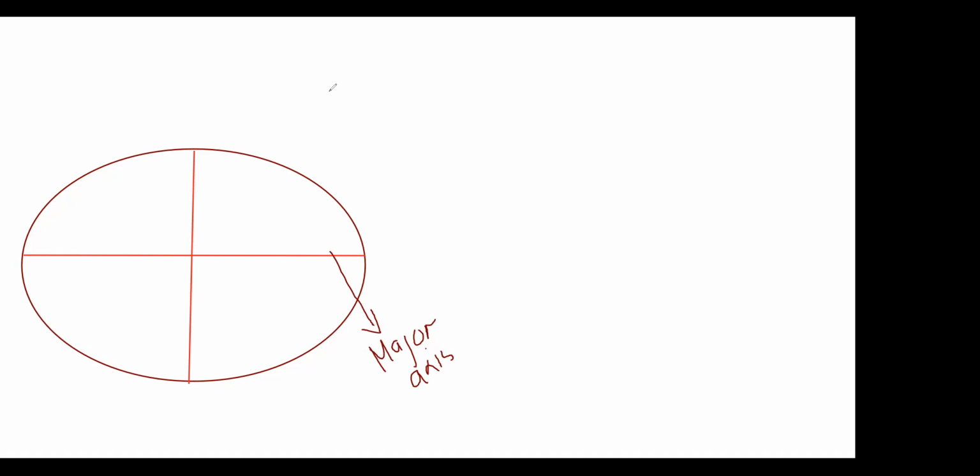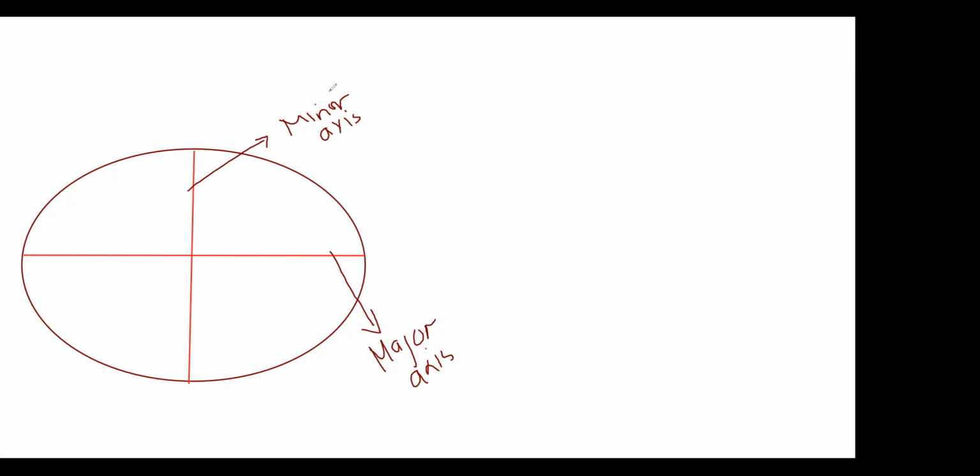And the axis that is perpendicular to the major axis, we name a minor axis. We have two axes, major and minor. The minor is perpendicular to the major, or the major is perpendicular to the minor.